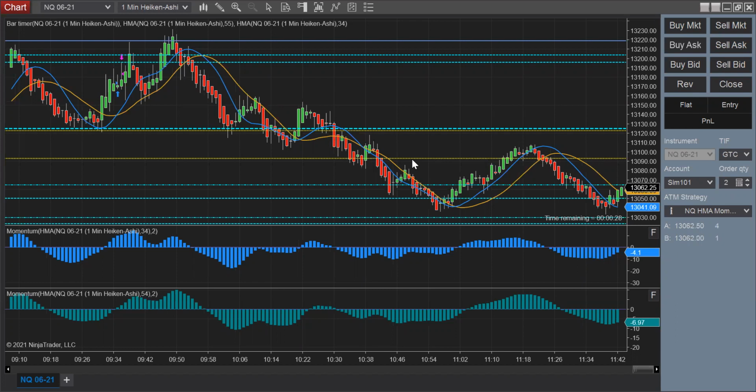The NQ futures margin requirement for most brokers is $1,000 to trade one contract.